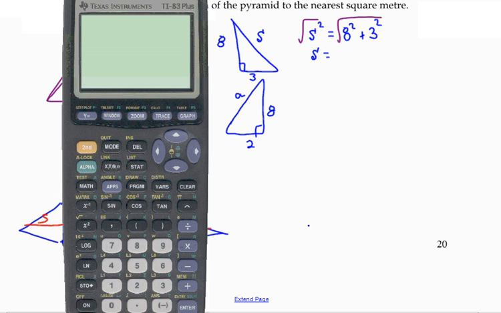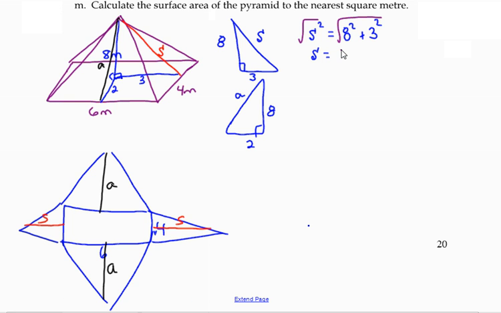Okay, so square root is second of the x squared. 8 squared plus 3 squared. Let's go to 3 decimal places. This way we know our answer will be safe, or we won't mess up on the rounding in the end. So 8.544 meters.